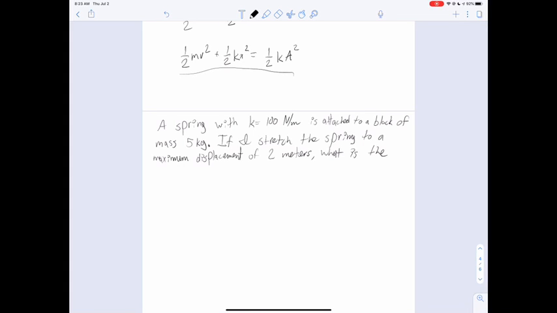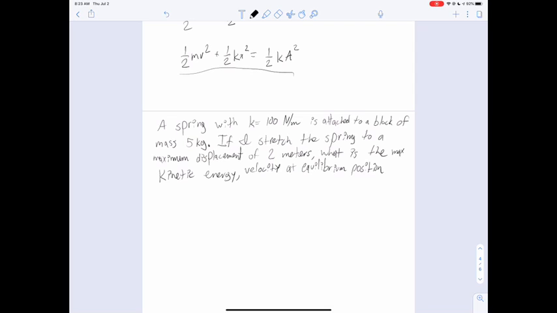I also want to find out what the velocity is as this block is going through the equilibrium point, or the equilibrium position. And then finally, I want to know what the restorative force is equal to at x equals A over 2.